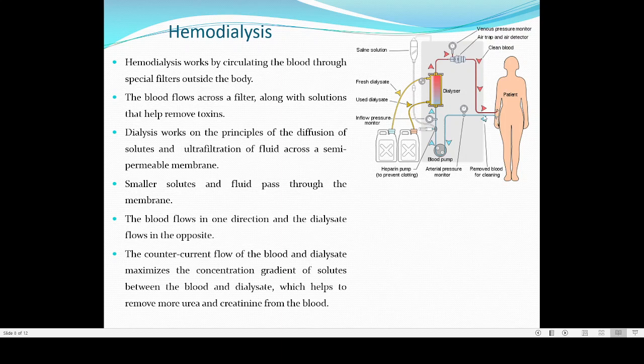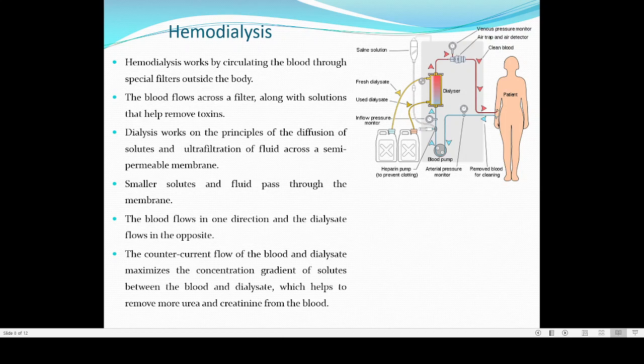There will also be a blood pump, whose function is to slightly increase the speed of transport. We collect the blood from the patient using a tube connected to the vein, and using a pump we pump it into this machine known as the dialyzer.